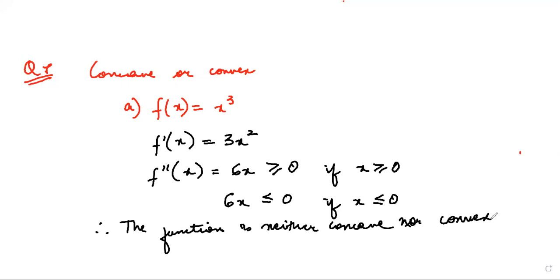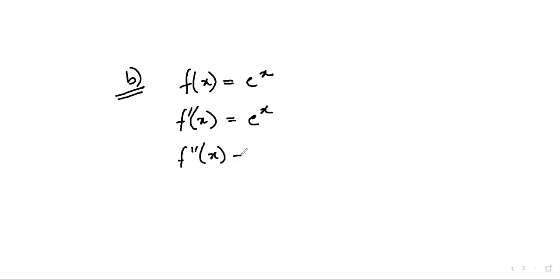Right? Now, this is the first part. Let's see if you're able to solve the second part. I'm going to give you the function as e to the power x and see if we can solve this. So here, f dash x would be nothing but e to the power x. f double dash x would also be nothing but e to the power x.